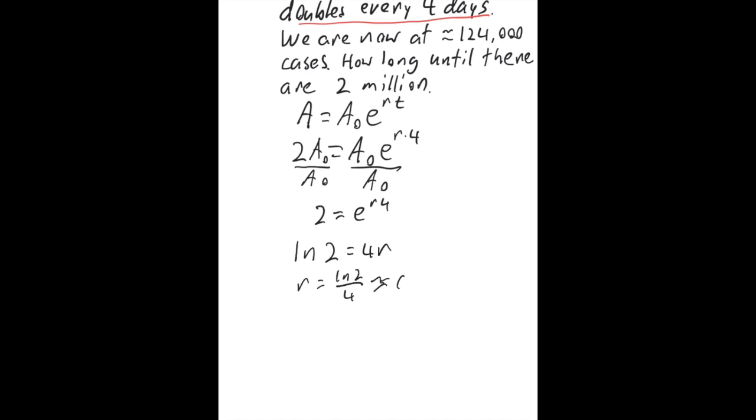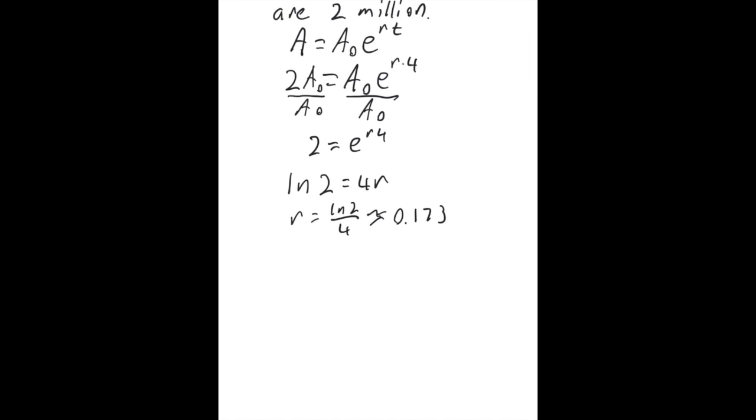And that's going to be about, we're going to get about 0.173. All right. Okay, so that means our equation now is A sub 0, whatever we start with, e to the 0.173 times t. That's our r.